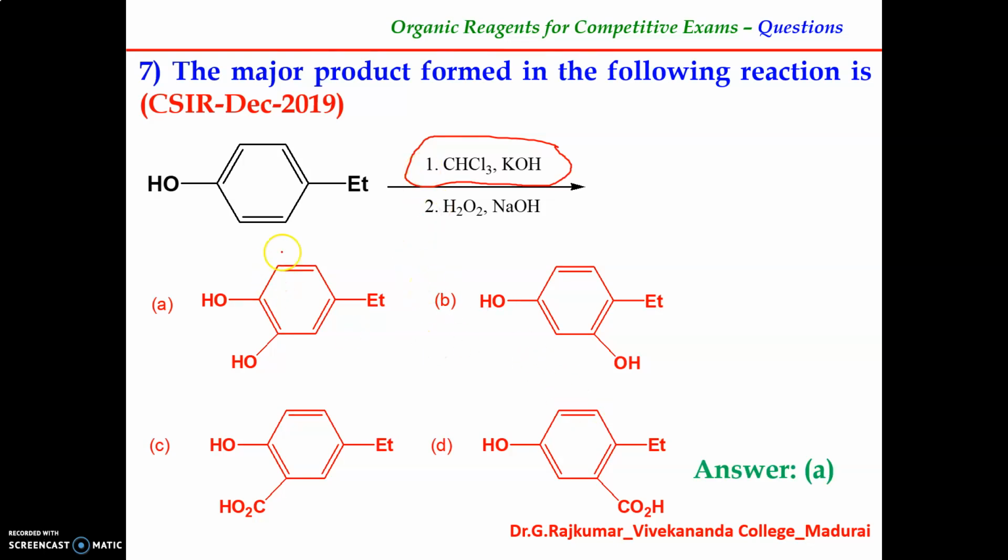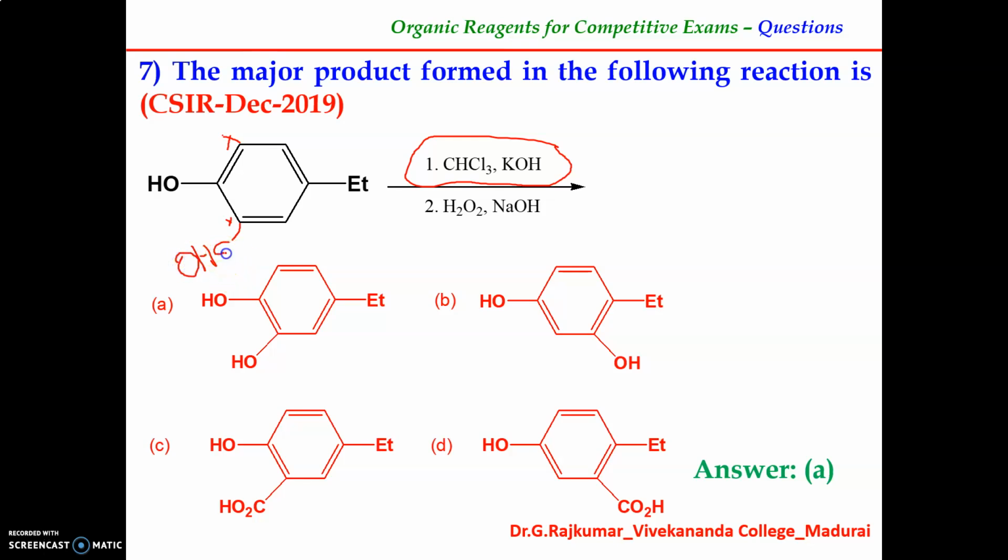The correct answer is option A, because in the Reimer-Tiemann reaction formylation can take place. With respect to the hydroxyl group, the ortho position can get a formyl group, CHO.